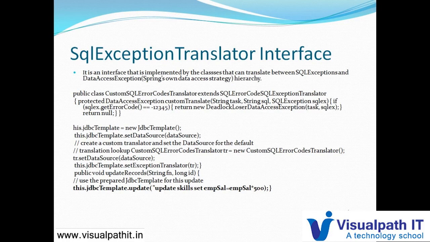Now, since we are learning the SQLExceptionTranslator interface, we need to know the SQLErrorCodeSQLExceptionTranslator class. What does this class do? It is an implementation of the SQLExceptionTranslator interface. It has some vendor-specific codes and error code translations based on the code held in the SQLErrorCodes.